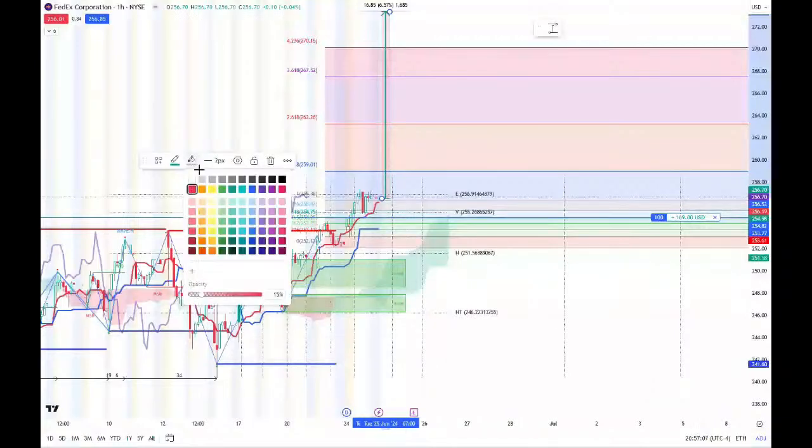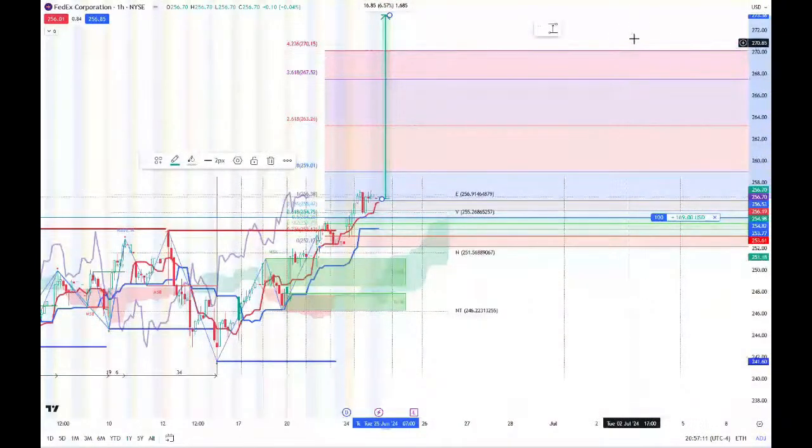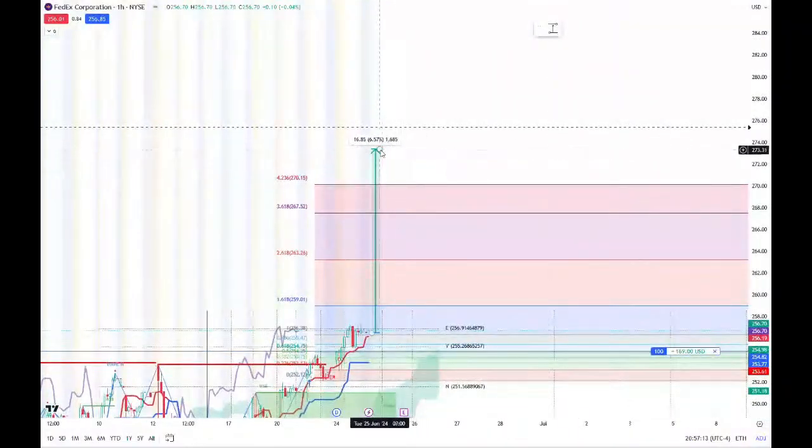Change this one to green. It still didn't get the 695, the 690. Oops, 697. So 17 points from this price right now.